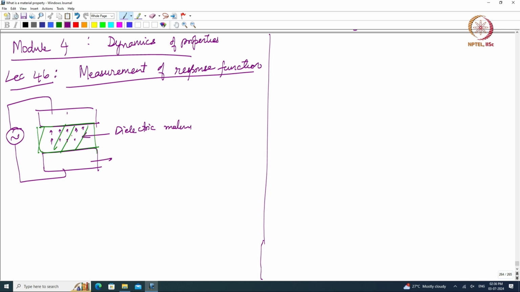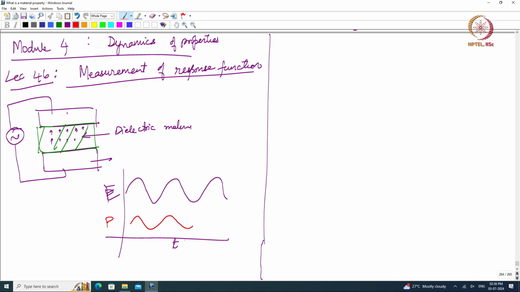So by application of electric field, and because the electric field itself is oscillating in time, the polarization, which is the response, which is in red here, also starts oscillating in time. Okay. So this is the material response.